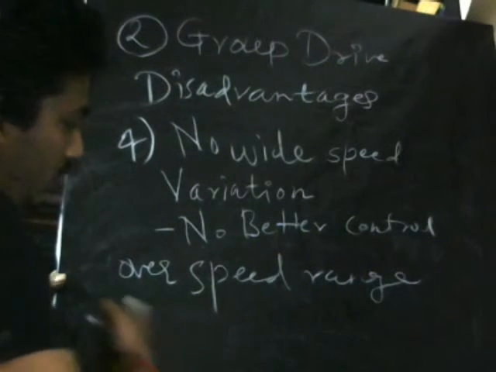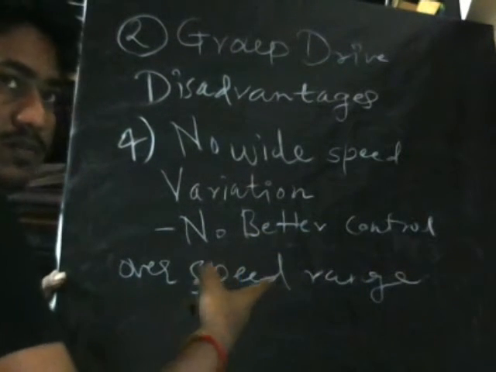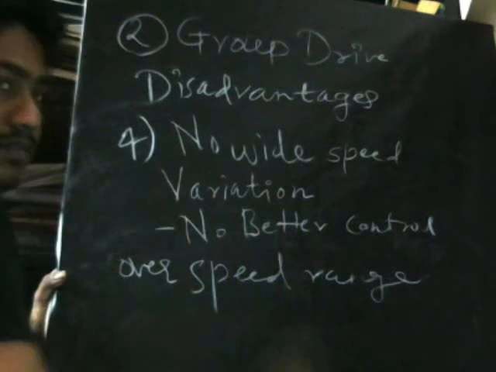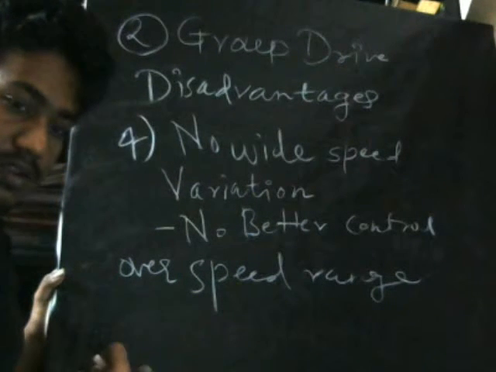Okay, no better control over speed range. No wide speed variation. This is our disadvantage.